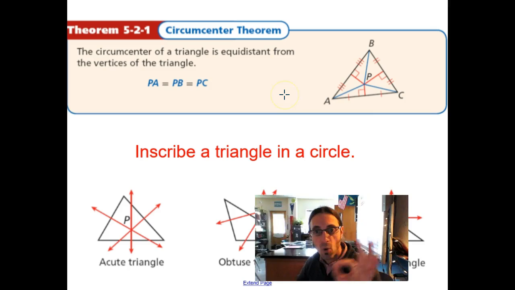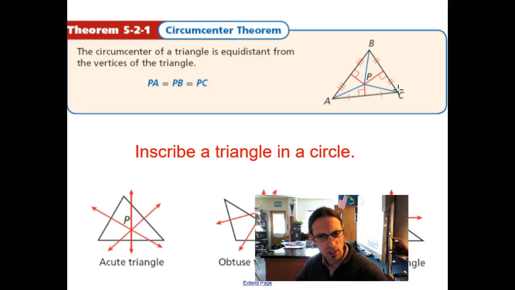Circumcenter, the point in a triangle equidistant to the vertices. It means that these segments, PA, PB, PC, are all the same. And again, the way you find that is by taking the perpendicular bisector of each side. Well, that's cool.